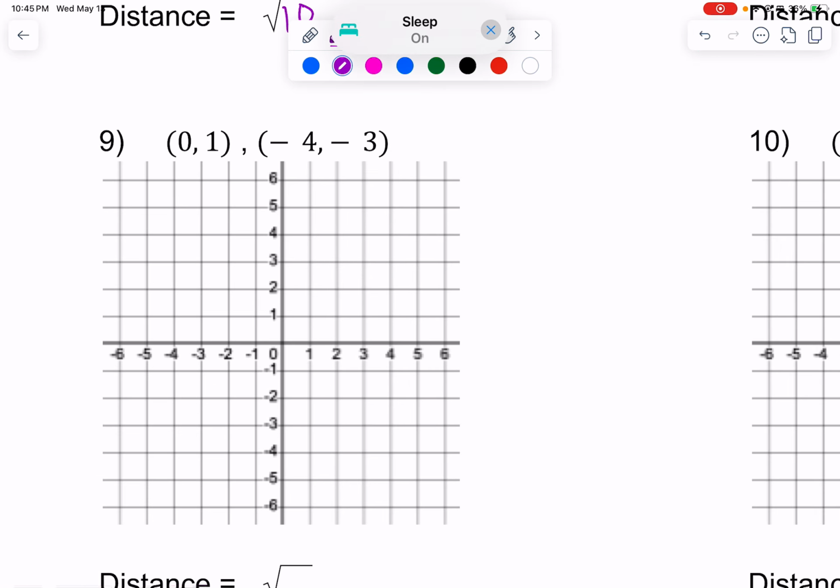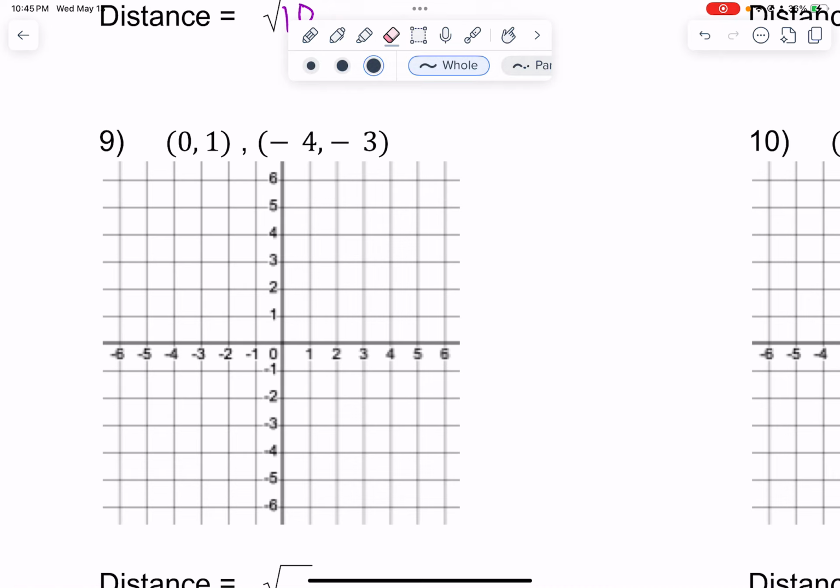Now we have 2 points at 0, 1. So 0, 1 is on that vertical axis, and -4, -3. Now when I look at this one, I can see it's a nice 45-degree angle here. And those 45-degree angles have convenient slope steps of 1 and 1.